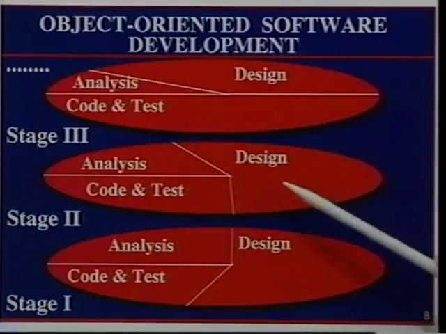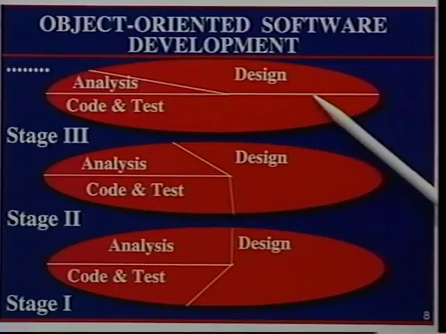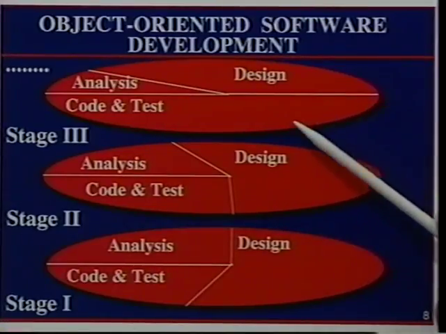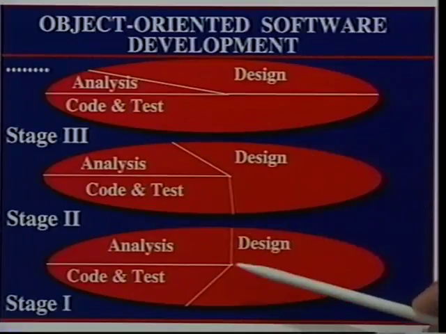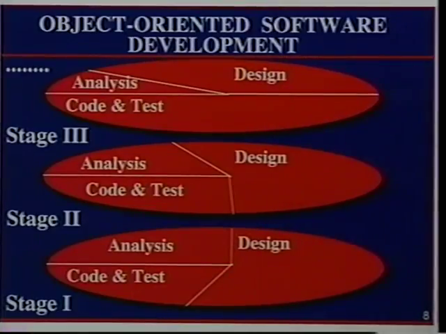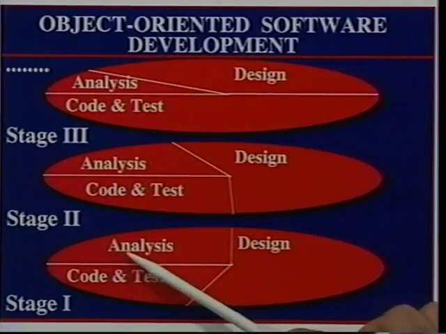So here is one view of object-oriented software development. This is based on some conversation with Phil London at Lotus 123. The way we develop our software, and you will see some examples later in module 5, is the following. First, like in traditional software development, we spend a lot of time on analysis, where we do object-oriented analysis.